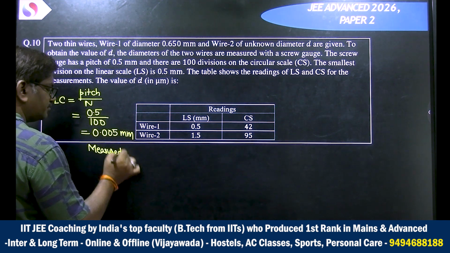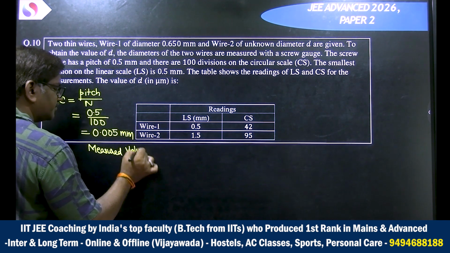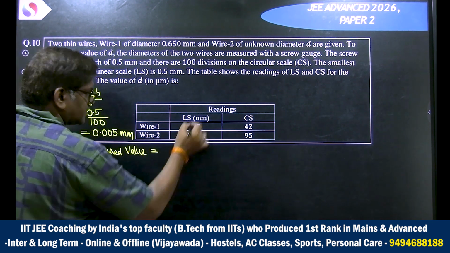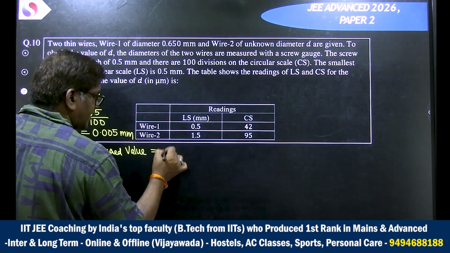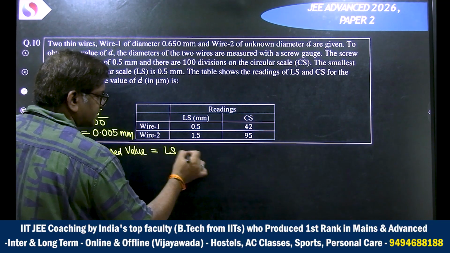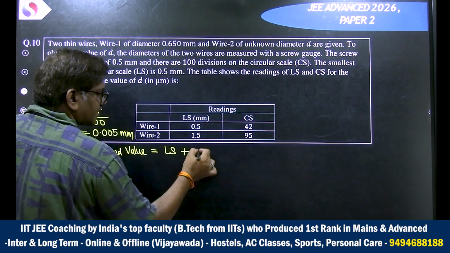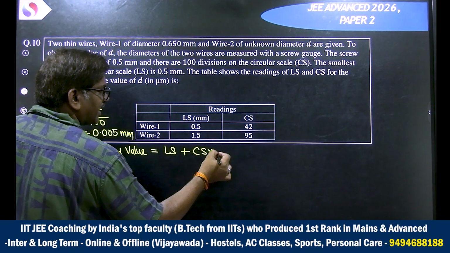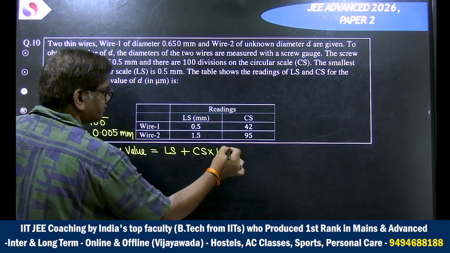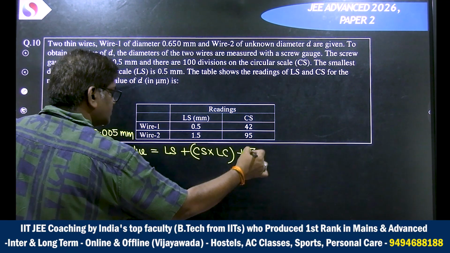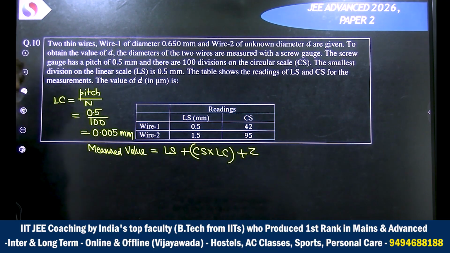Measured value is main scale reading plus circular scale reading multiplied by the least count, plus if there is any zero error, plus that.